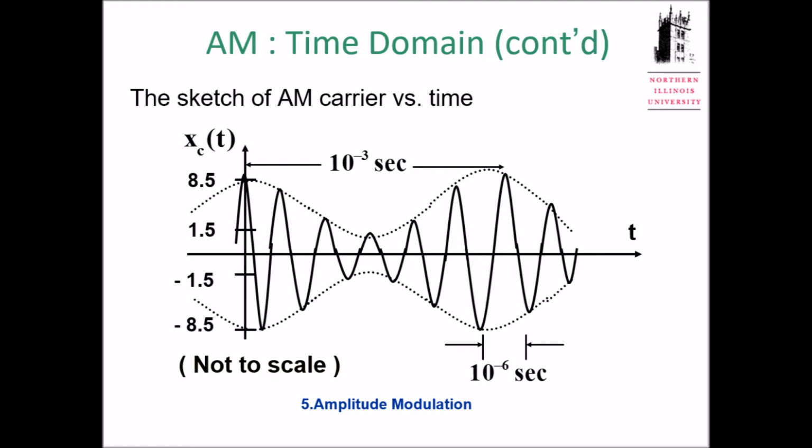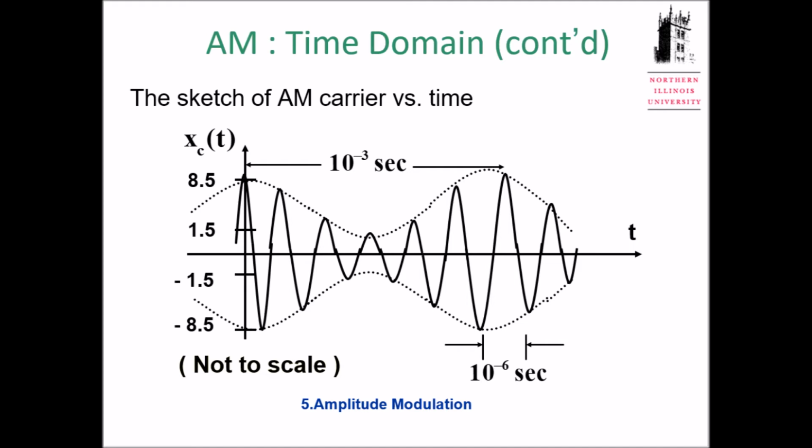Okay. Now, how can I know what the peak is, right? What is the minimum value? Last time in our example 1, we talked about this a little bit. This point we call A max, and this one we call A minimum. A max and A minimum depend on A and m. So let me write it over here. Last time we showed the equation; let me write it one more time.